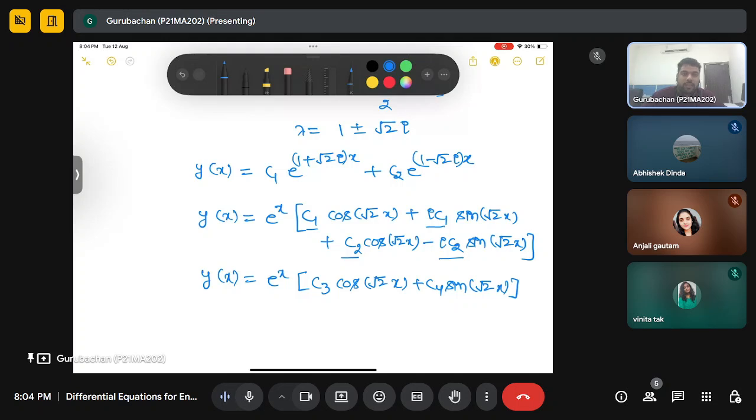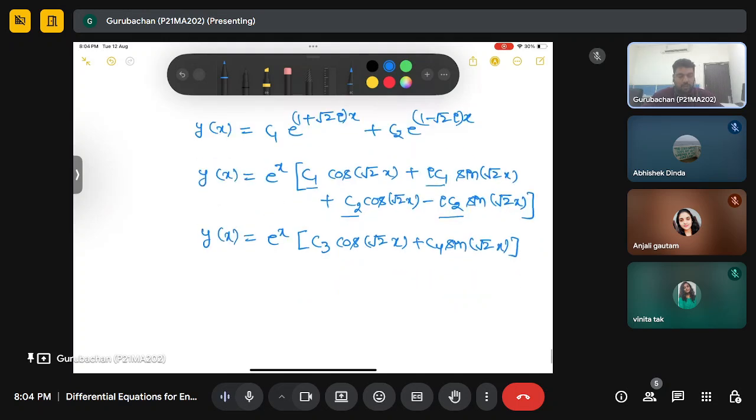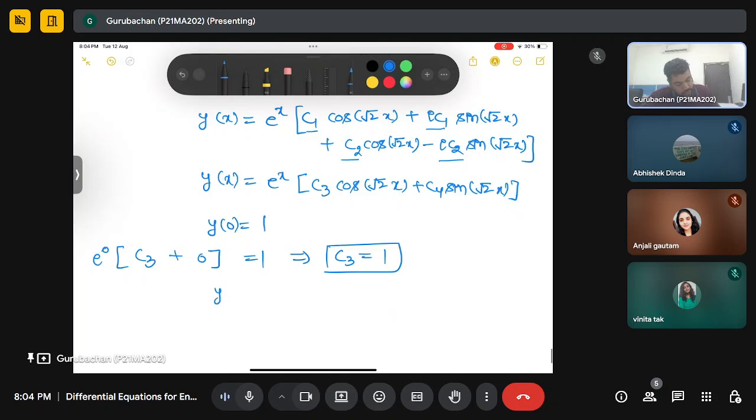Since you have been given the initial value problem, the initial conditions, you have to find out these values. So you know that y(0) is 1. That means e to the power 0, and the first factor will be c3 into 1, the second factor will be c4 into 0, so it is nothing but c3, which will be equal to 1. So this will imply that c3 is 1. Another condition is y dash 0 is 4.